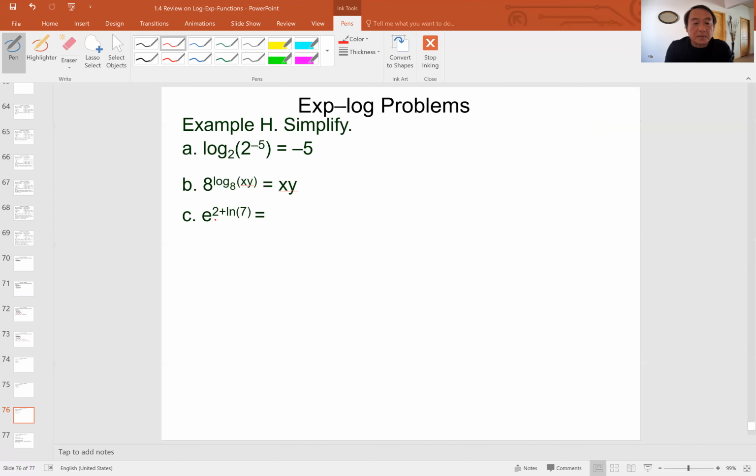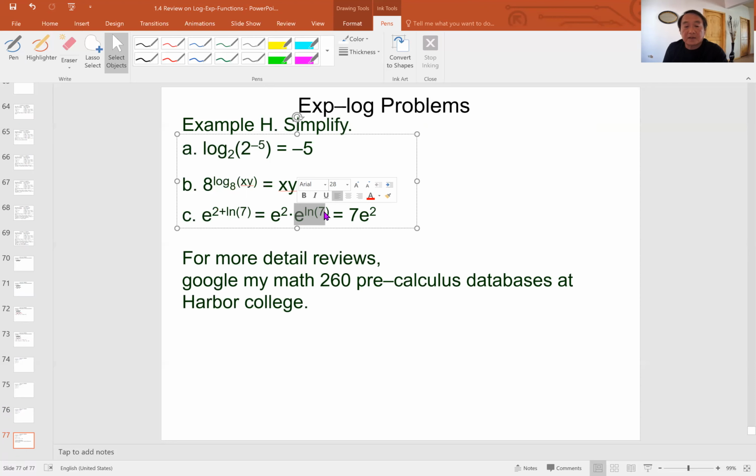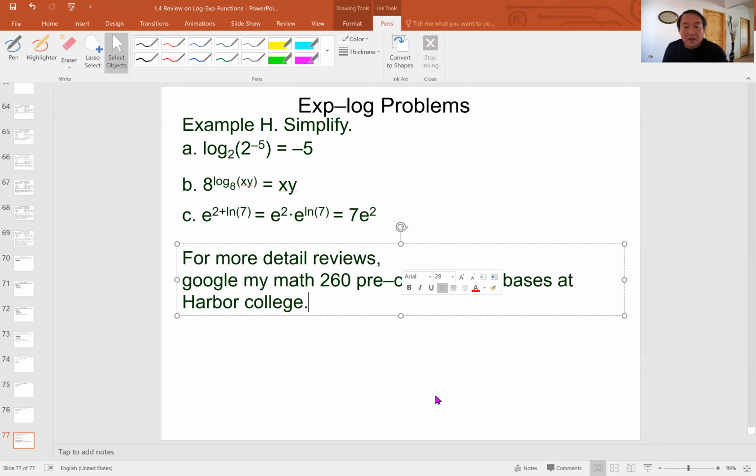This problem, of course, has adding exponents, so it becomes multiplication of the individual ones, and then this part is 7: e to the ln base e of 7 is going to give you 7. That's why I gave 7.